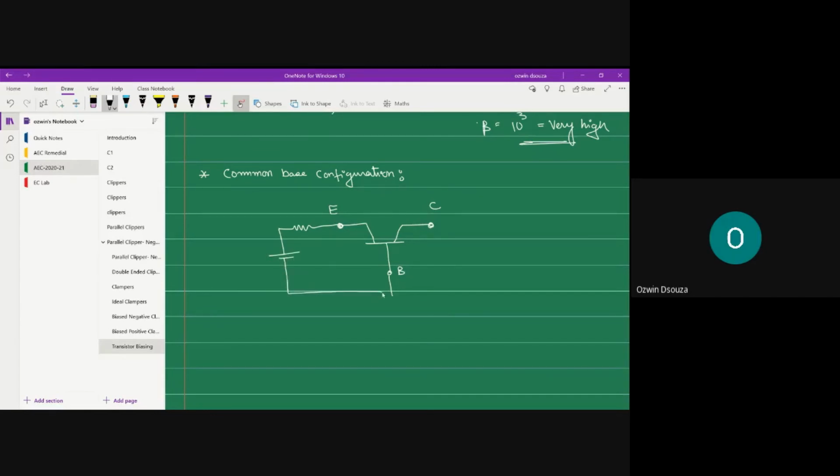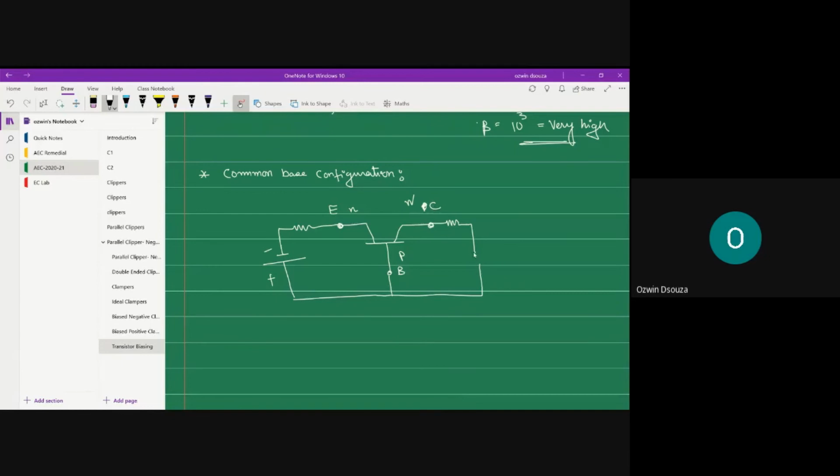This is how the connection is made. This is NPN. So N is connected to the negative and the opposite terminal is positive.